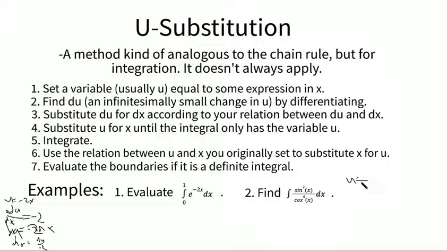We want to set it to something that's already in the integral in front of the dx, so we can get rid of that and clump it in with the du. If we set it to sine of x, then you're going to end up with cosine of x dx, and that's not really going to help us.